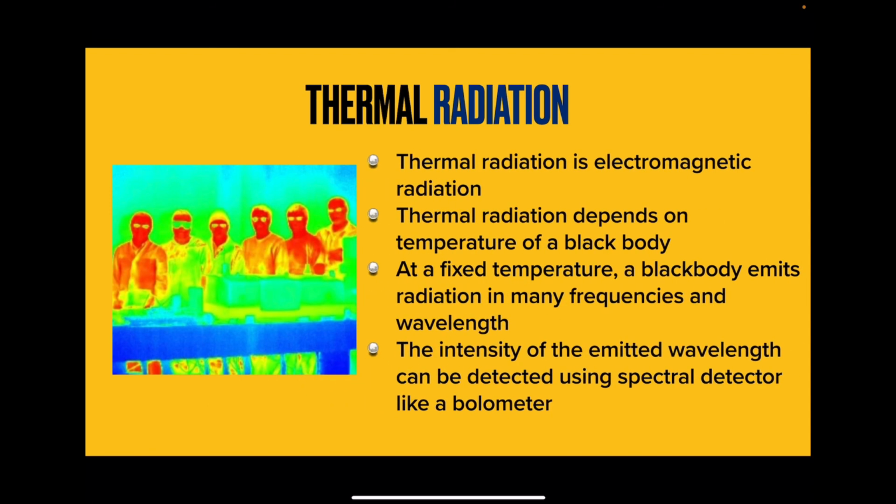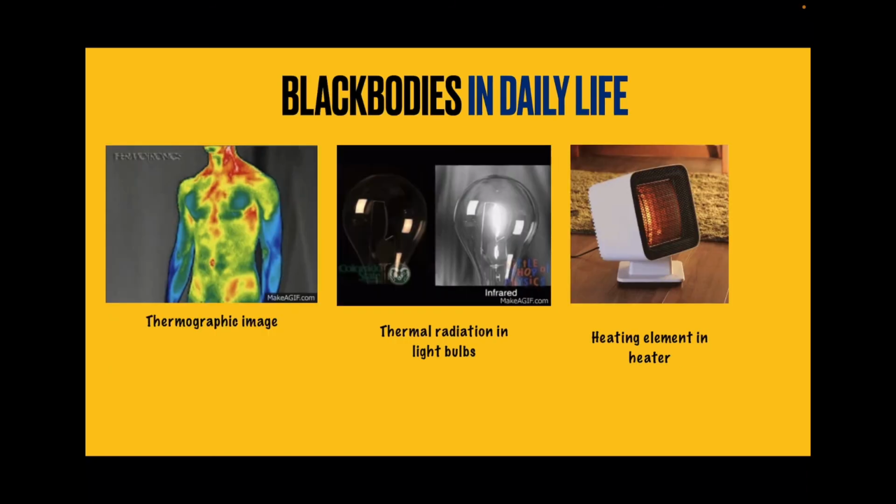Thermal radiation is electromagnetic radiation, and it depends on the temperature of a black body. At a fixed temperature, a black body emits radiation in many frequencies and wavelengths. The intensity of the emitted wavelength can be detected using a spectral detector like a bolometer.